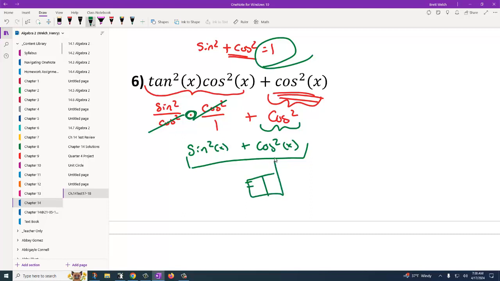Okay? So is it going to equal 1 every time? No. It could be tangent squared, it could be sine squared, could be a lot of different things. But for us, specifically because we simplify to sine squared plus cosine squared, it equals 1.